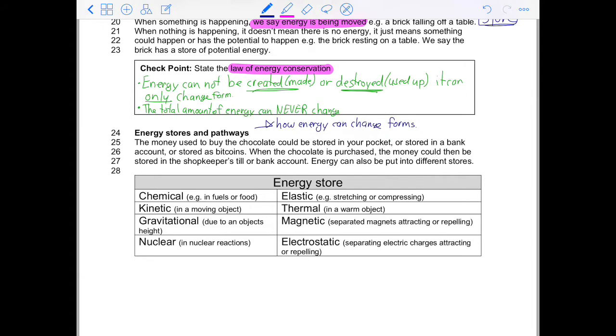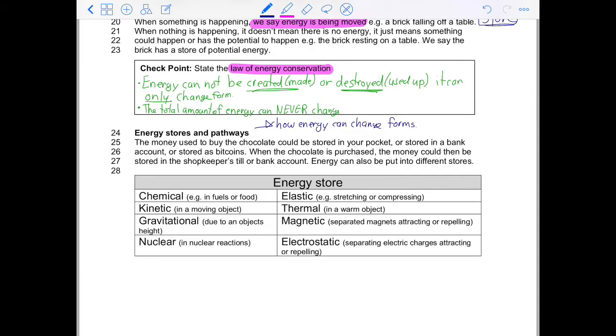So let's go back to our chocolate bar that we've bought with £5. The money you used to buy that chocolate bar, you could have walked into the shop with that £10 note in your pocket. It could have been stored in a bank account, in which case you used a card to buy that bar of chocolate. If you're really technical, you could store it as Bitcoins and find a way to buy it with those Bitcoins.